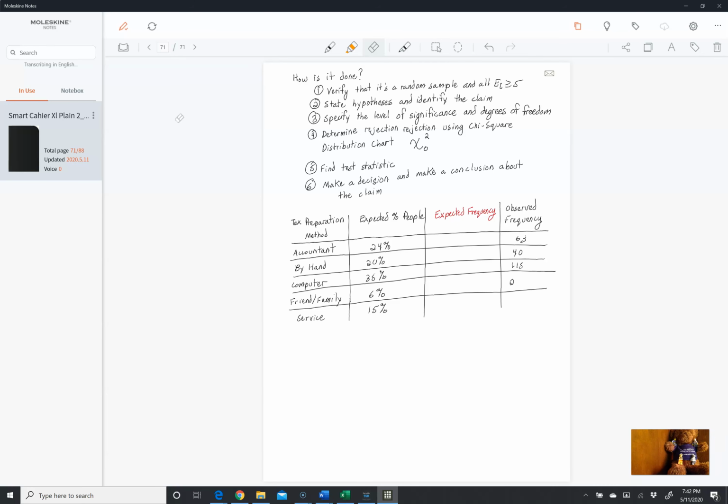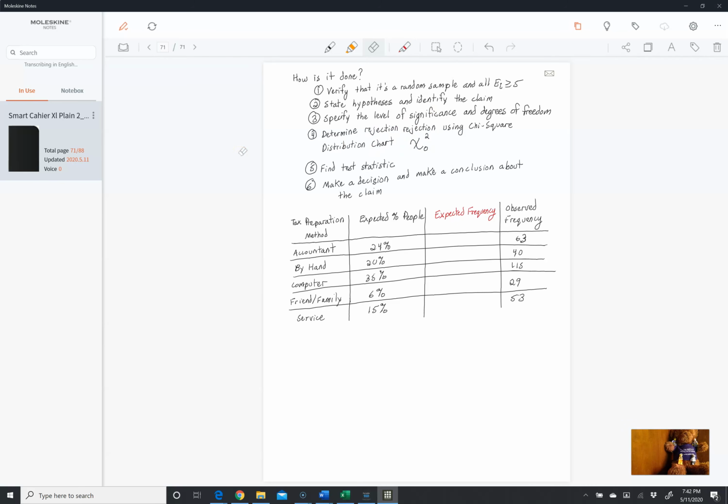So this is new information I'm giving to you. 29 and 53. Okay. And we already calculated the expected frequencies based on the sample size.